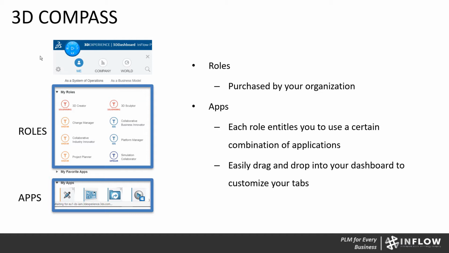Each role gives you access to a number of apps, and the apps perform some kind of task for you. So keep that in mind: roles are here on the compass, they are what you pay for, and they give you access to apps. To use the apps, all you have to do is drag them from here and drop them on your dashboard. It is as simple as that.